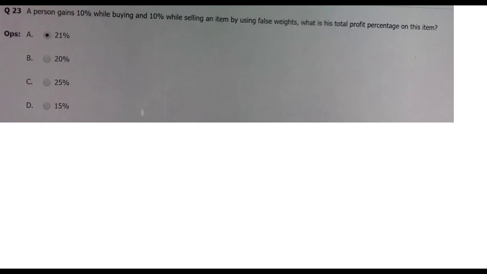When there are two changes, you know the overall effect will be x plus y plus xy by 100.